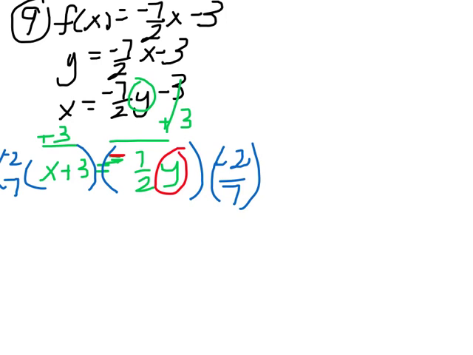And if I multiply by negative 2 over 7, the 2's would cancel out, the 7's would cancel out, and a negative times a negative would be a positive y left on that side, wouldn't it? Okay, so I've got negative 2/7 times x would be negative 2/7 x, and negative 2/7 times 3 would be negative 6 over 7.